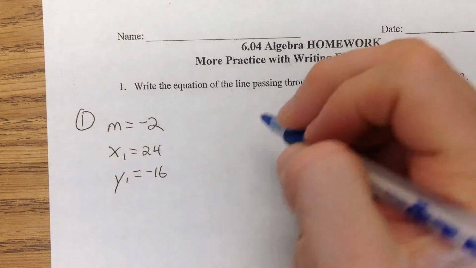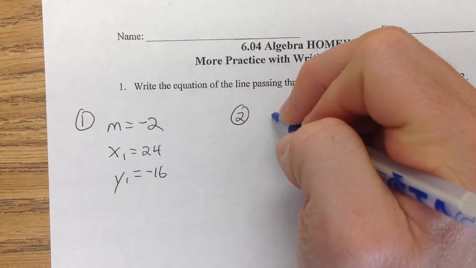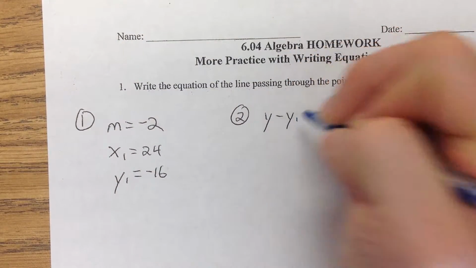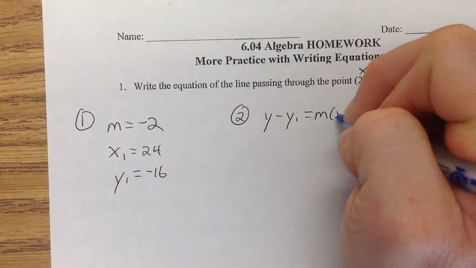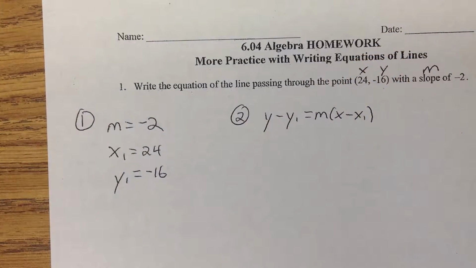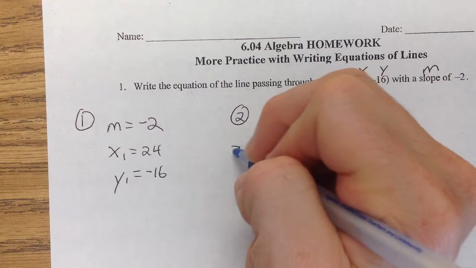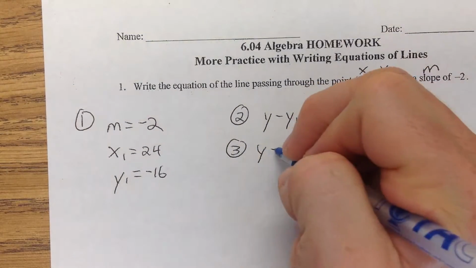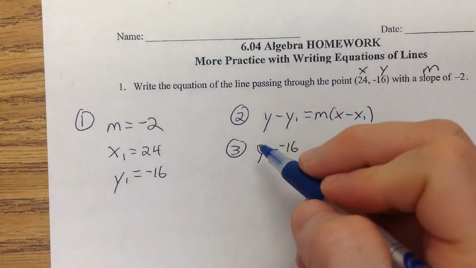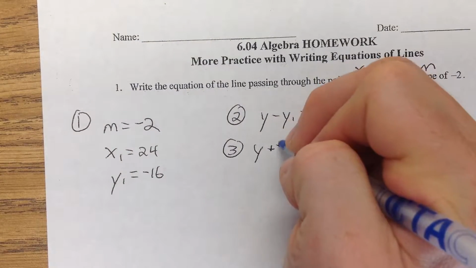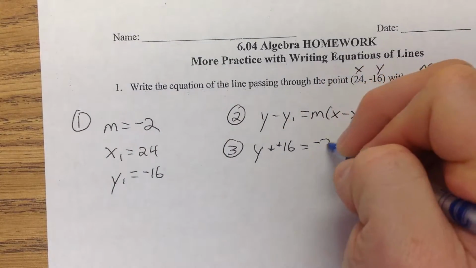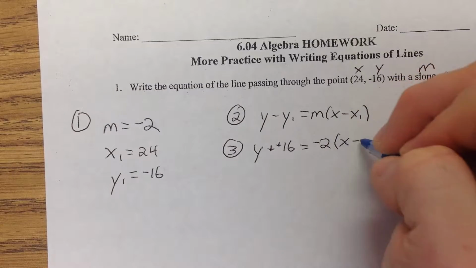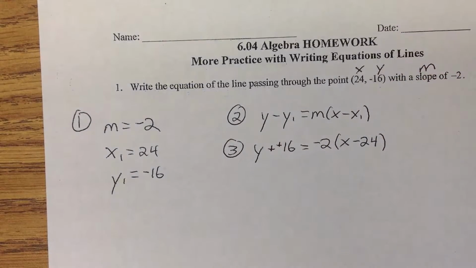Now that we have all our information, we write down our formula, y minus y1 equals m times x minus x1. Now I just plug things into my formula, so y minus a negative 16, which we're not going to leave, we're going to change that to y plus 16, equals negative 2 times x minus 24.